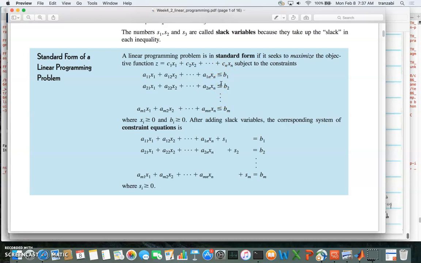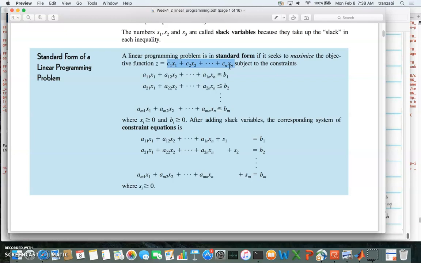Number 2 hint is, what if I want to minimize something? Well, let's say you want to minimize this function, and you say, oh, this is not standard form, so I cannot do it. Well, actually you can. If I multiply this function through by a negative sign, I get negative c1 x1, negative c2 x2, all the way to negative cn xn, and you want to maximize that one.